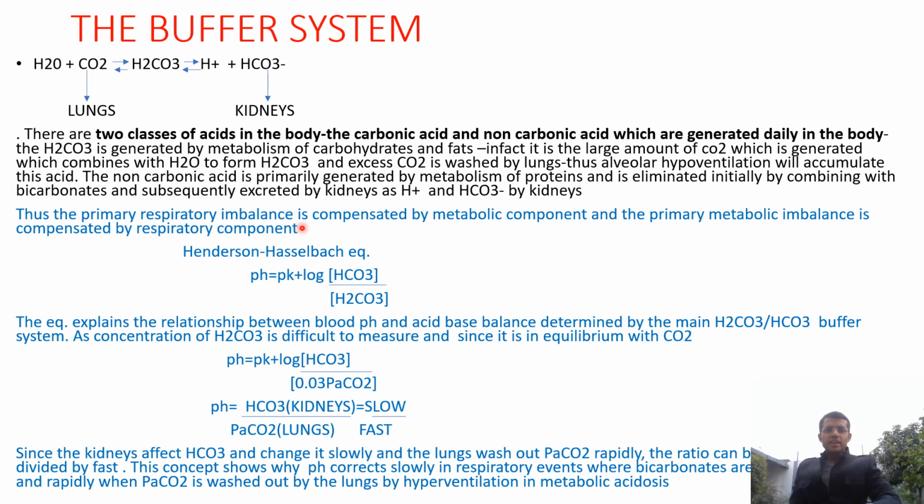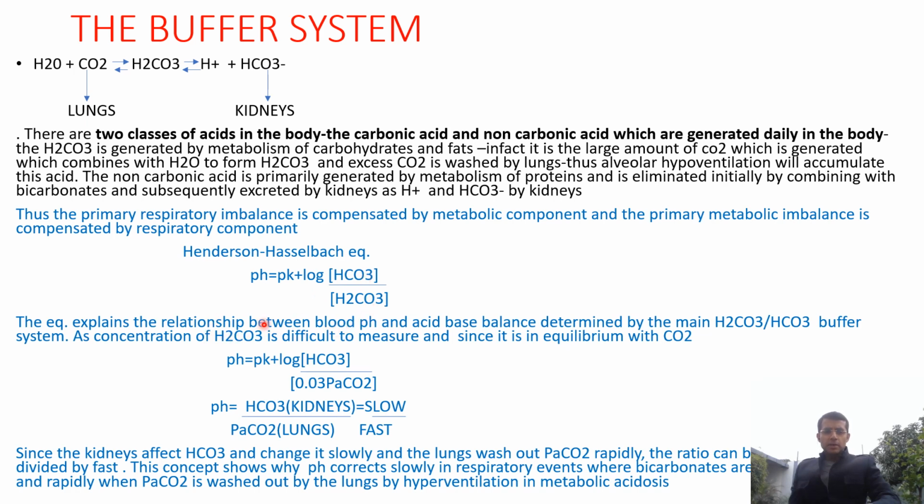Thus, the primary respiratory imbalance is compensated by the metabolic component, and the metabolic imbalance is compensated by the respiratory component. So there were two people, Henderson and Hasselbalch, who formed an equation for the above balance in the human body. They said pH is pK plus logarithm of bicarbonate over H2CO3.